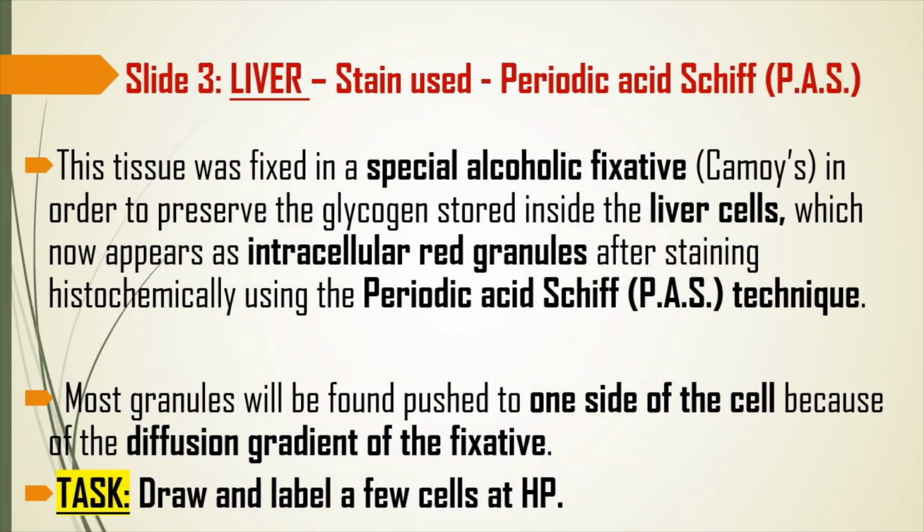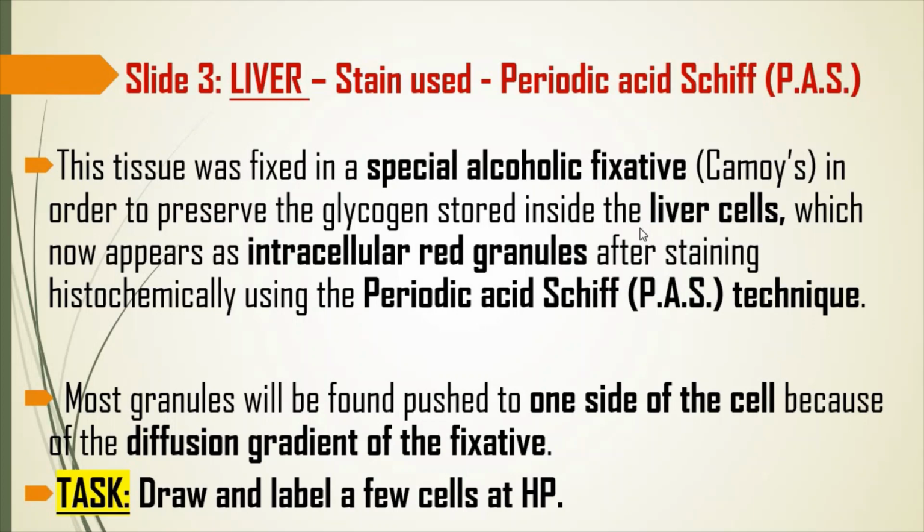Okay, let's move on to slide 3, which is the liver. To stain the liver, we use a stain called the periodic acid Schiff, which is denoted as PAS. This tissue was fixed in a special alcoholic fixative called Carnoy's in order to preserve the glycogen stored inside of the liver cells.